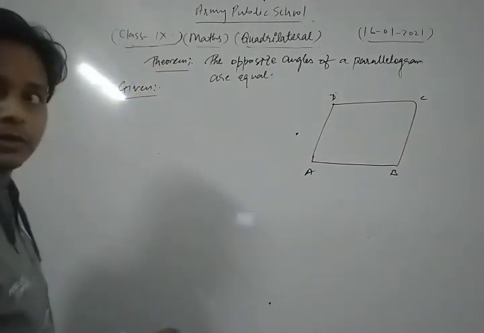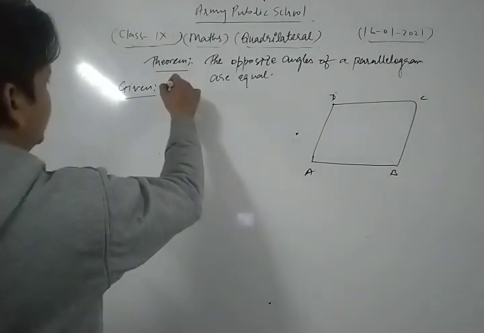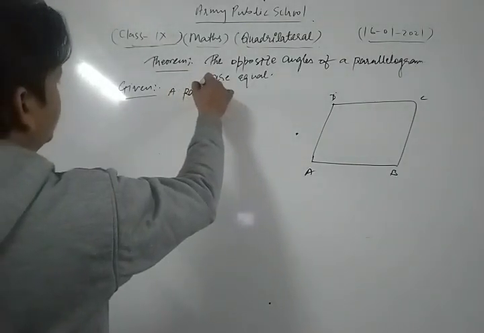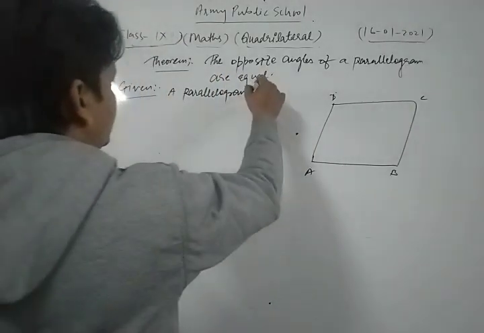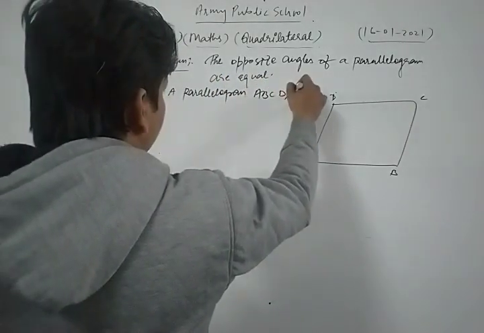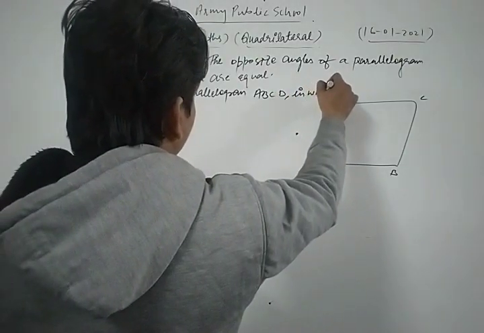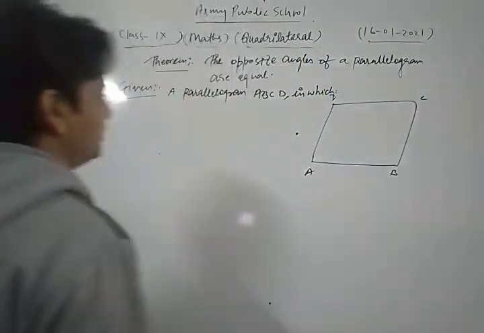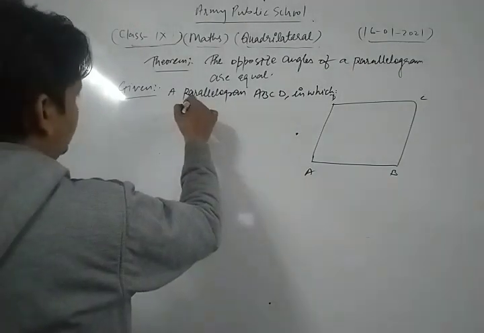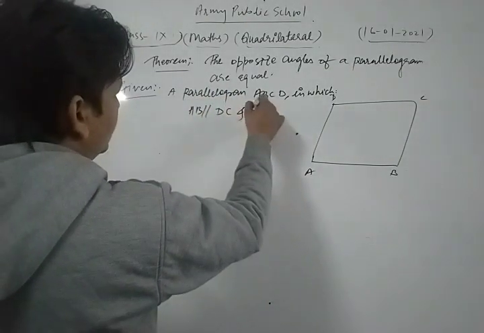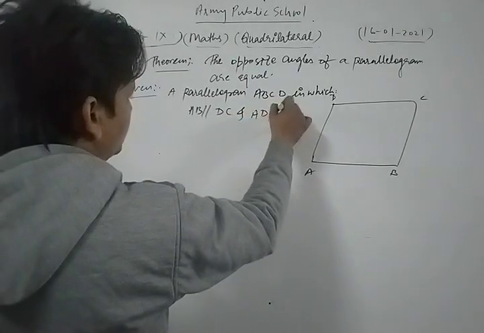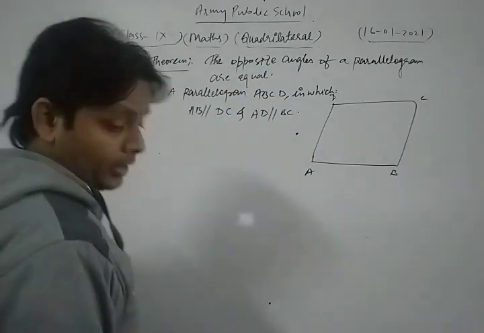Here is a parallelogram ABCD in which AB is parallel to DC and AD is parallel to BC. This is given. Okay.